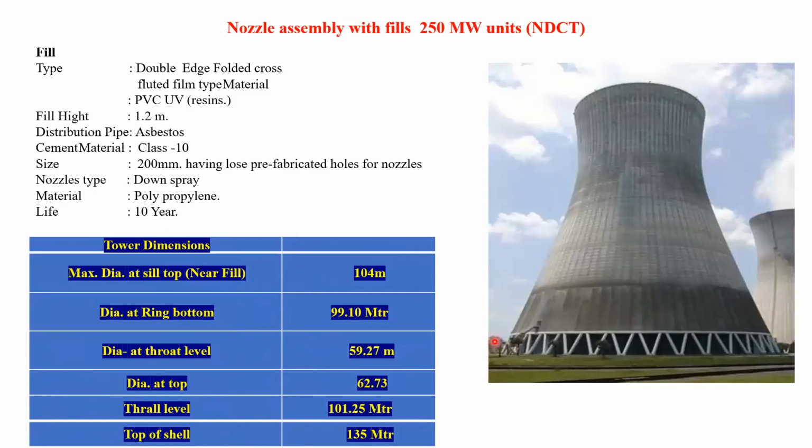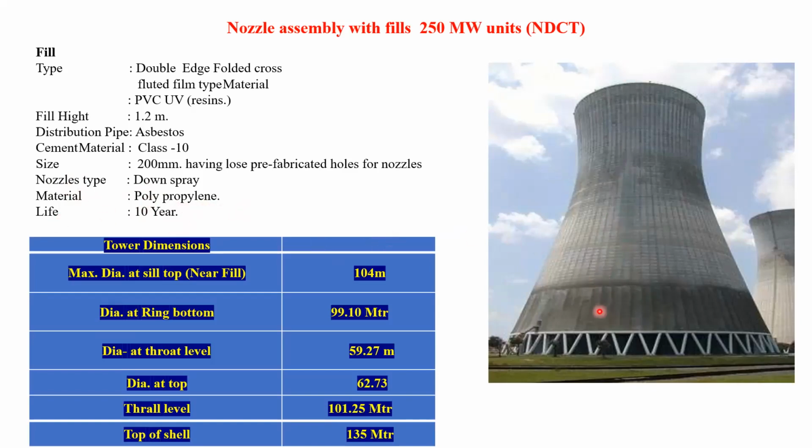The diameter of the pipe header is 200 mm. Nozzle types are down spray. I have shown up spray and down spray also. We worked with down spray in the 250 megawatt plant. Material of these nozzles is polypropylene, and life is about 10 years.